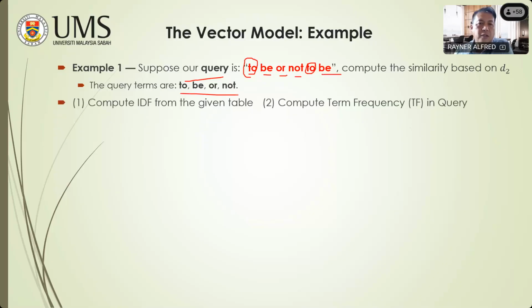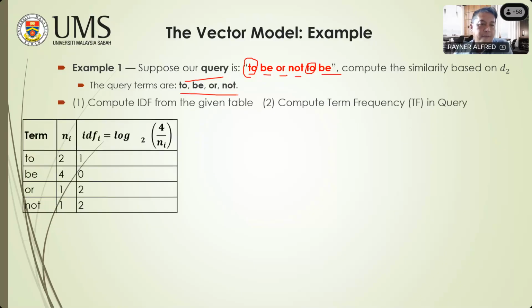The first thing you need to do is compute the term frequency or the IDF. For the IDF, we look at the unique terms that we captured just now. For each term, this refers to the number of documents that contain this term, and then we just compute them.